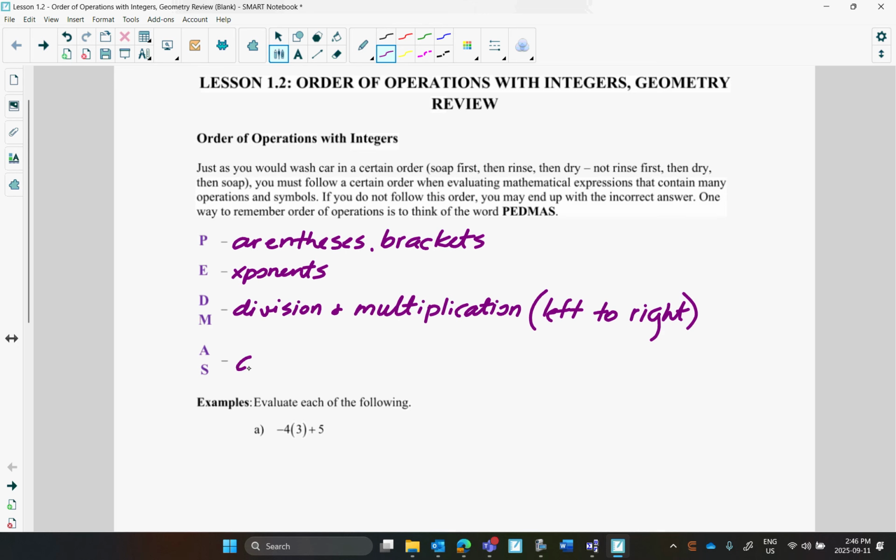And obviously this one is addition and subtraction. Again, whatever comes first as we move left to right in the question.